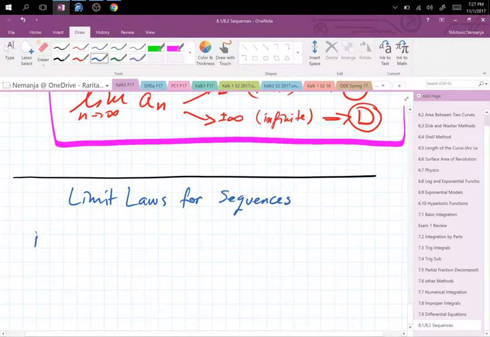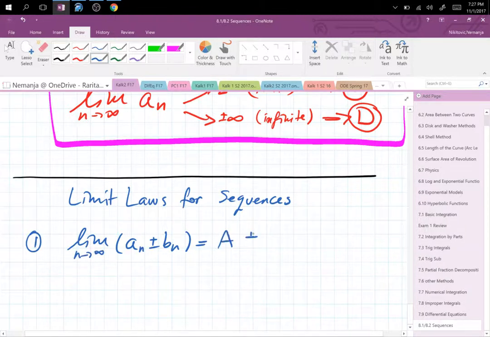Number 1. The limit of a_n plus or minus b_n as n goes to infinity is going to be the sum or difference of their limits.